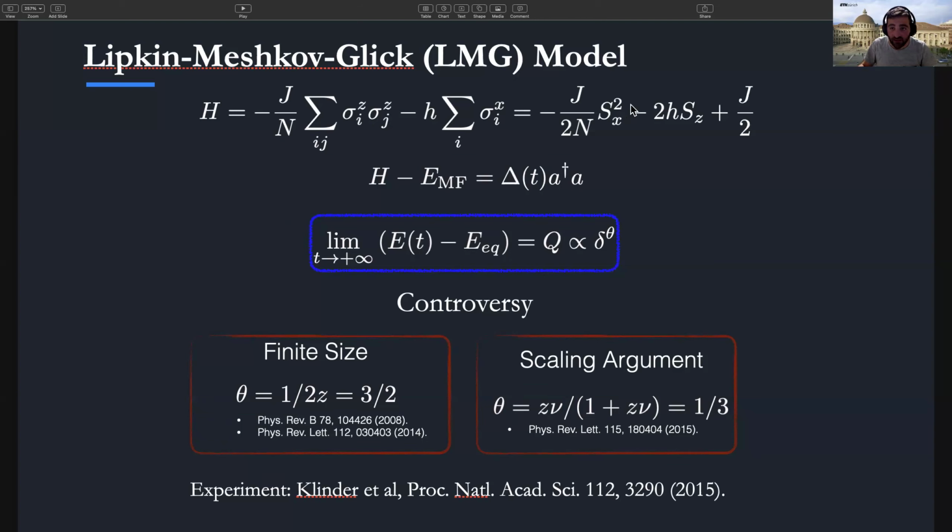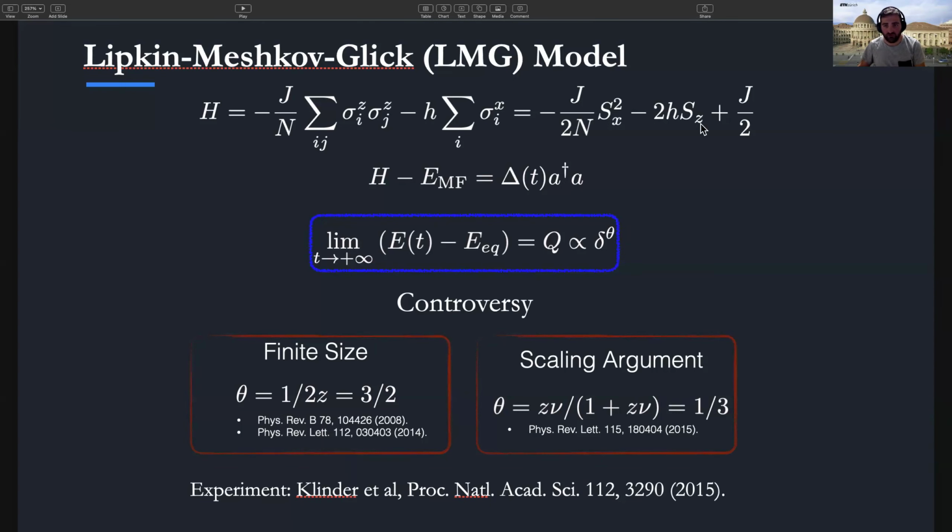This system can be recast in the form of a single giant spin, which is the combination of all the single-site spins, which has a self-interaction term as x squared, basically. Now, this system is very well known and studied, and we know that it has a quantum phase transition at a certain value of h, and this quantum phase transition is of the mean field type.